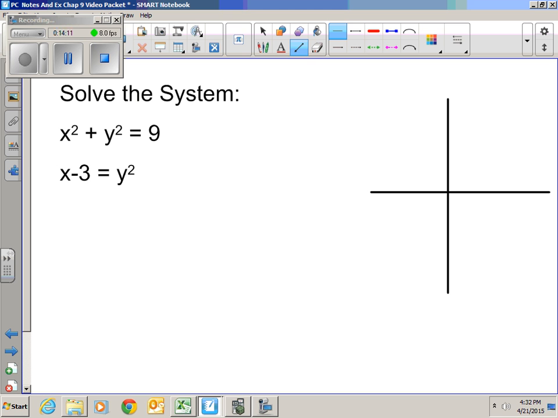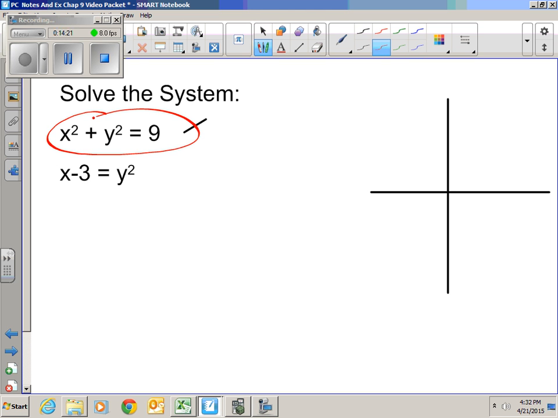Rough sketch, without doing too much work, do we see my first equation? My first equation, we'll call this in red here. That looks like a circle to me with a radius of 3 centered at the origin. My second equation in blue looks to me like a sideways parabola.